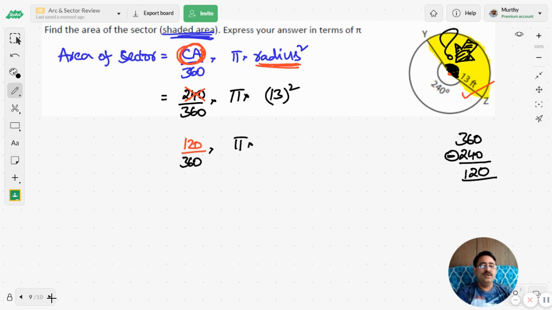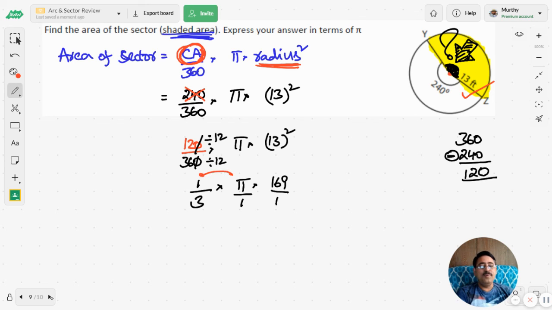120 over 360 times pi times 13 square. So the zeros cancel, and I can divide both by 12: 1 over 3. Pi times 13 square, 13 times 13 is 169. As I mentioned before, it's good practice to take the denominator 1 every time.